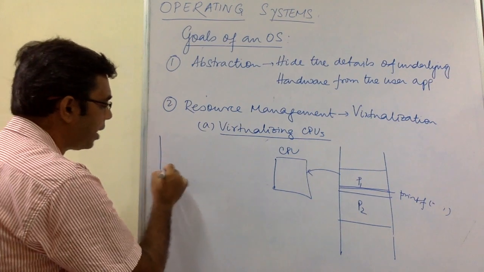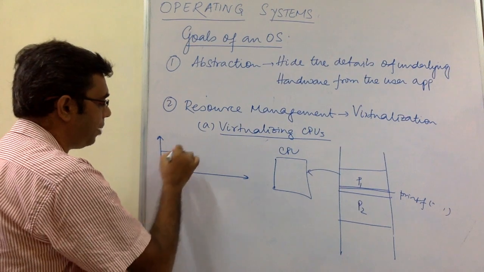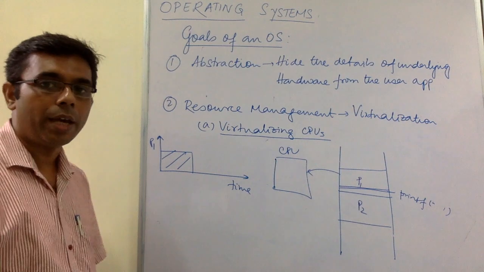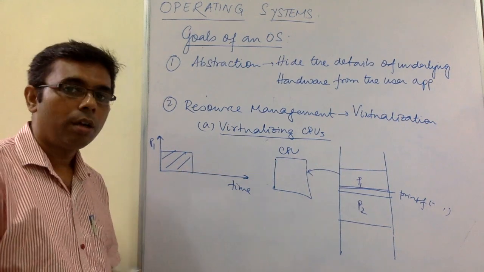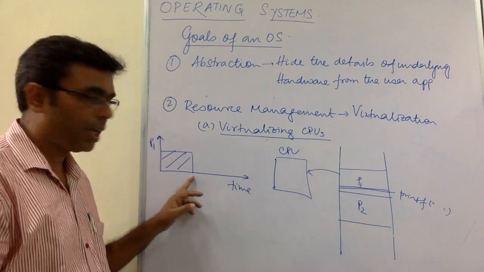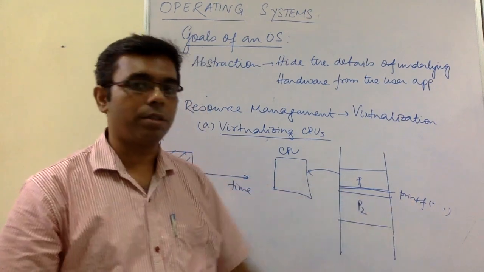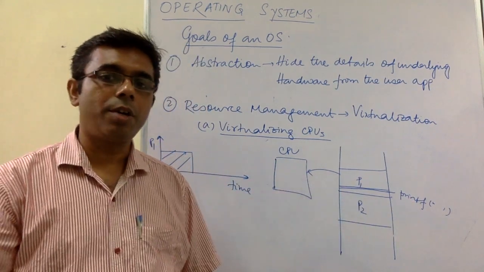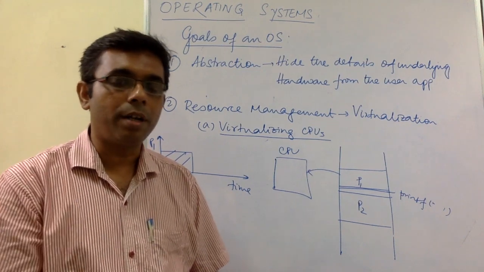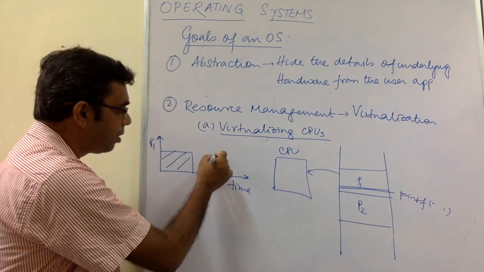If you look at the execution cycle of a process P1 on a CPU, on this time axis, for this amount of time P1 was executing on the CPU. Suddenly it hit upon this kind of instruction, which means it requests an IO, and if this IO request has to be made, it has to be done by the kernel. The program doesn't execute that. So what happens to the program during this time? It waits.